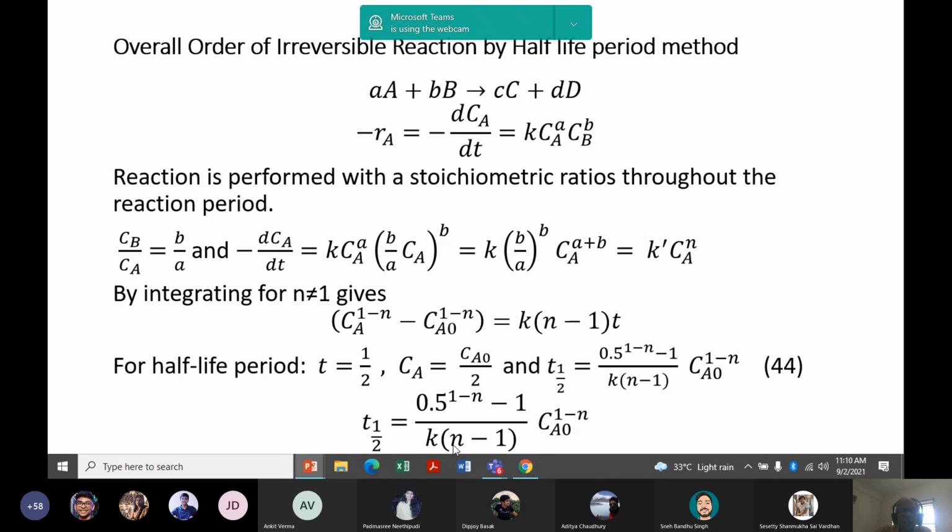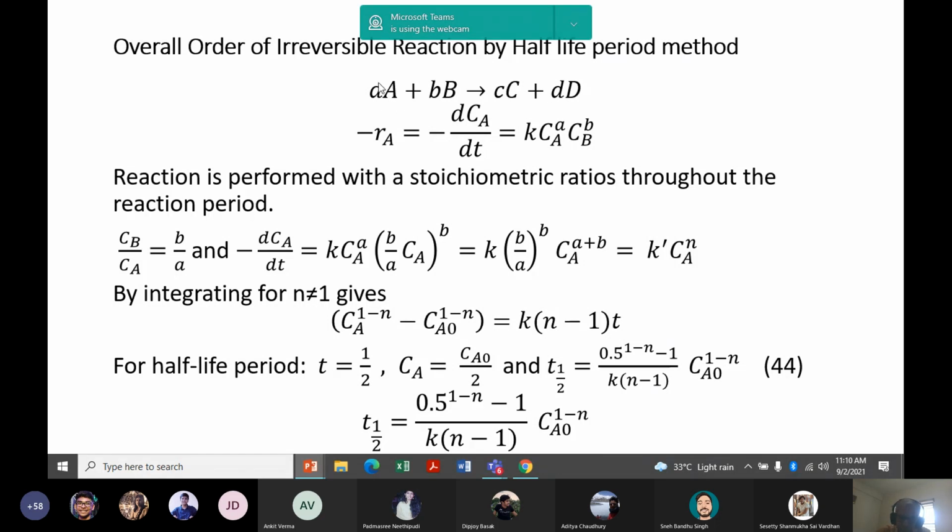What is n? We assume a plus b is n. So the overall order we can find out if we have the laboratory data based on the initial concentration of A.